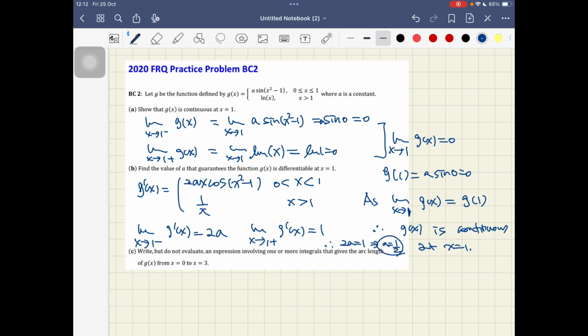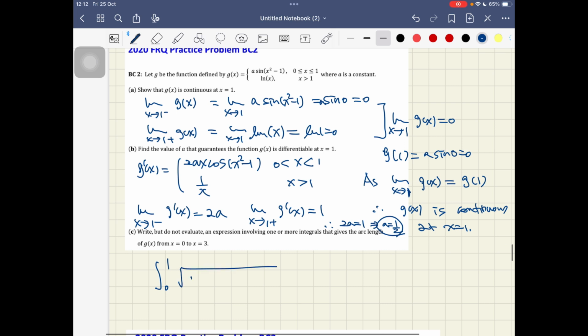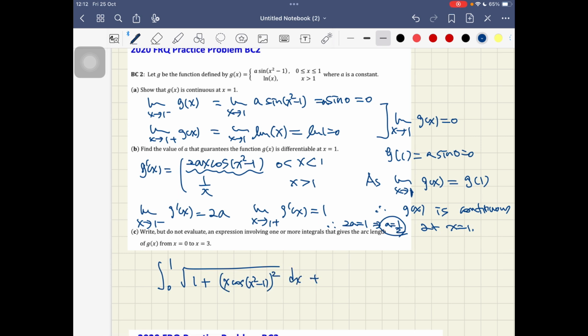Number C, the arc length of g of x from 0 to 3. So the integral from 0 to 1 of the square root of 1 plus, I already found the derivatives there, so a equals 1 over 2, so x cos of x squared minus 1 squared dx, plus the integral from 1 to 3 of the square root of 1 plus 1 over x squared dx.